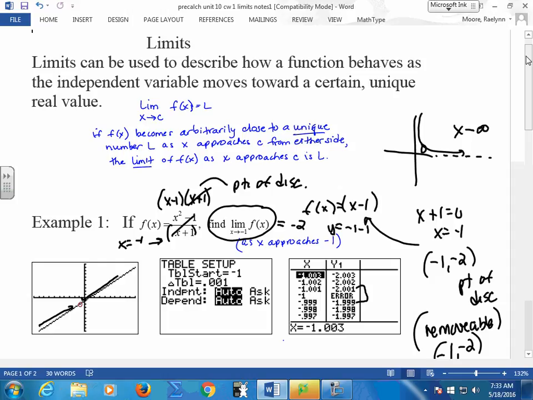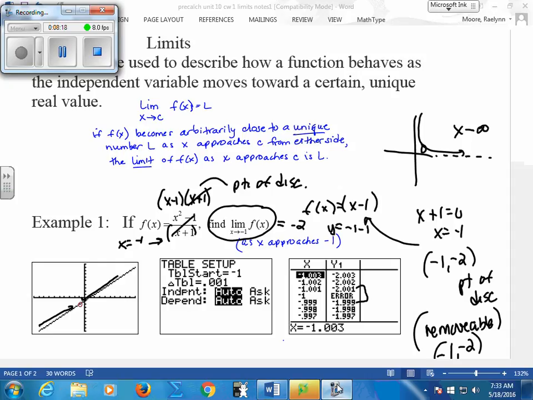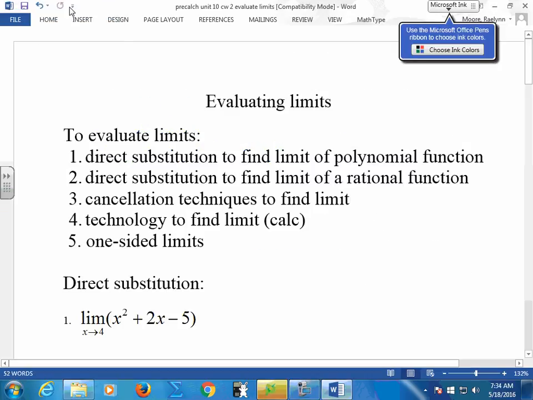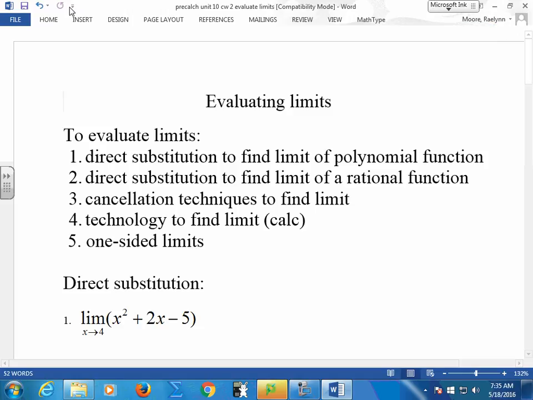We did these before. We found asymptotes, we factored, we found points of discontinuity. We just didn't call them limits. And to do this, we can do a direct substitution, see if the limit does exist. Sometimes it is a filled-in point. It could be at any point we're looking for a limit.